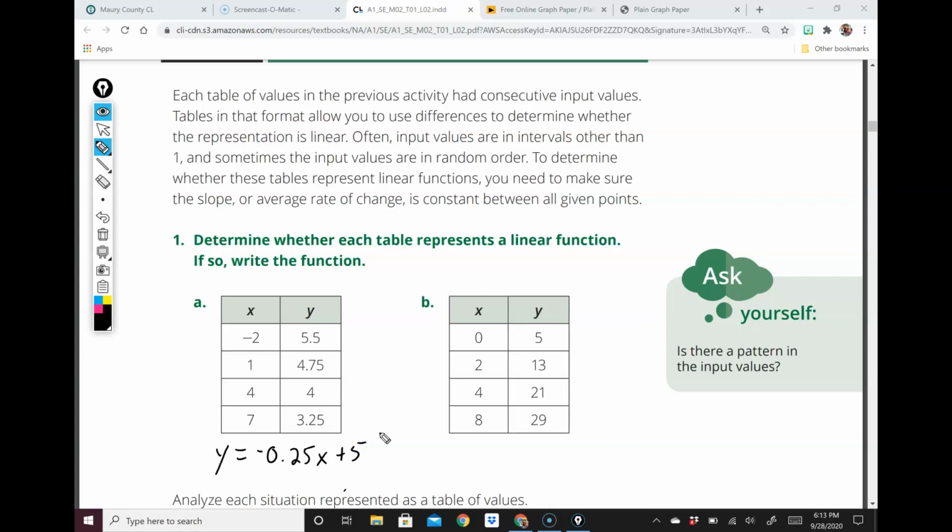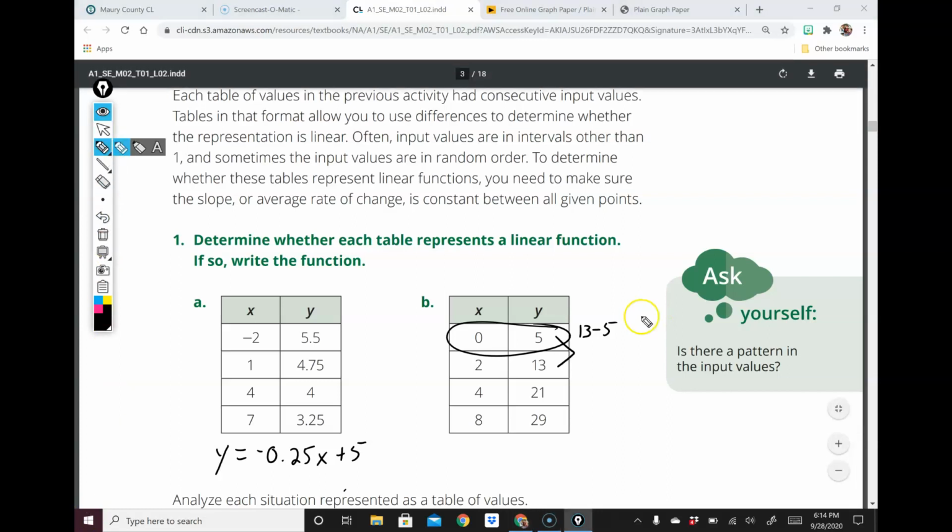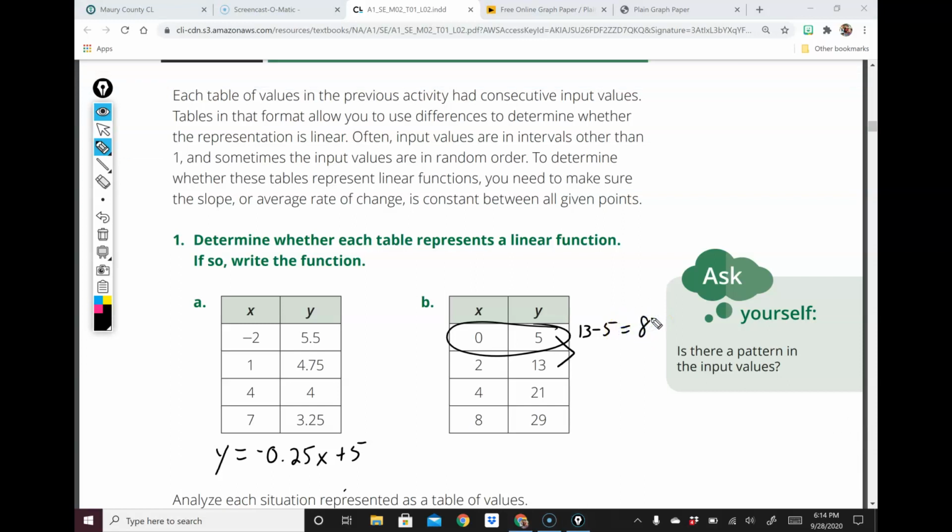For B, start out doing the slope. Notice right here, that's our y-intercept if it's linear. Let's check. So let's see, I'll do 13 minus 5. Gives me 8.